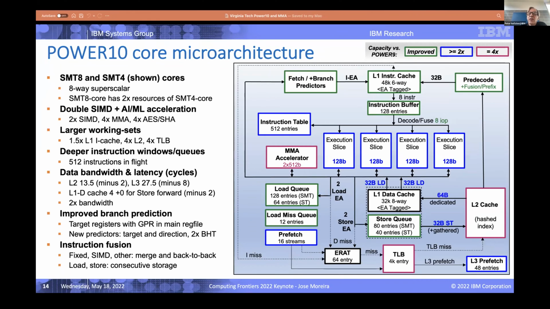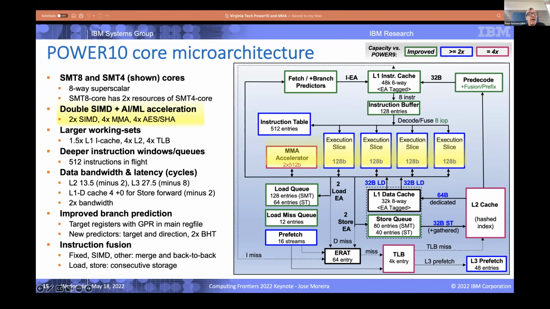I'm going to go a little fast over some of the microarchitecture things. What you see here is a list of all the enhancements from Power9 to Power10, right? So when you see a 2x, 4x kind of number here, that relates to the ratio of that particular attribute relative to Power9.